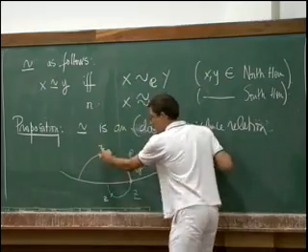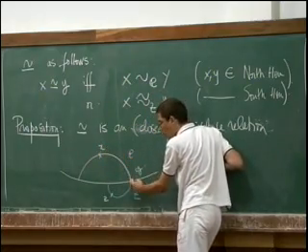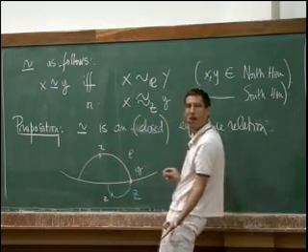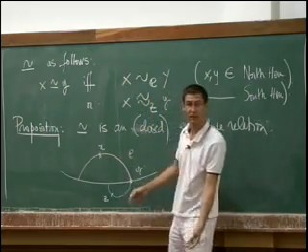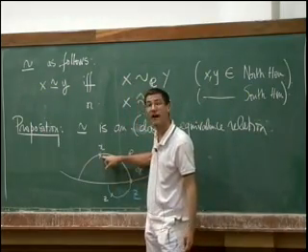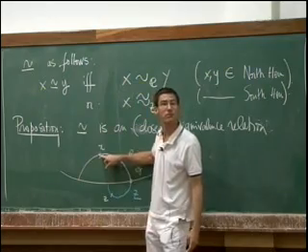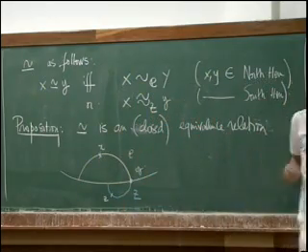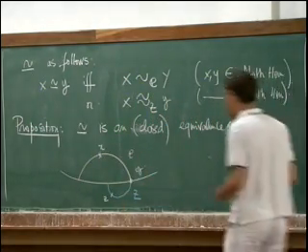So x is identified to y, and y identified to z, but it's not true that z is identified with x. So it's not an equivalence relation in general. But here it's the case.